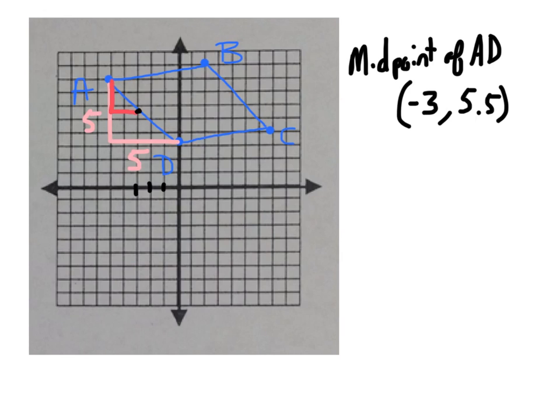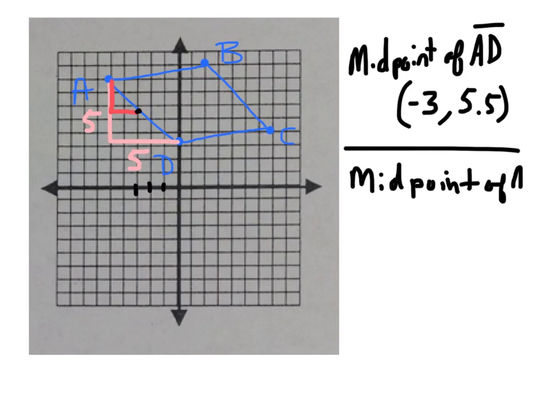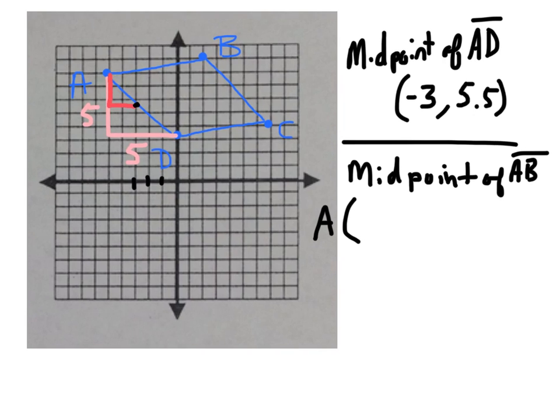So that's one way to find a midpoint. Another way to find the midpoint would be to use the midpoint formula. So suppose I want to know the midpoint of AB. If I knew the coordinates for A, which would be negative 5, 8, and I knew the coordinates of the other endpoint, B is 2, 9, all I have to apply is the midpoint formula.